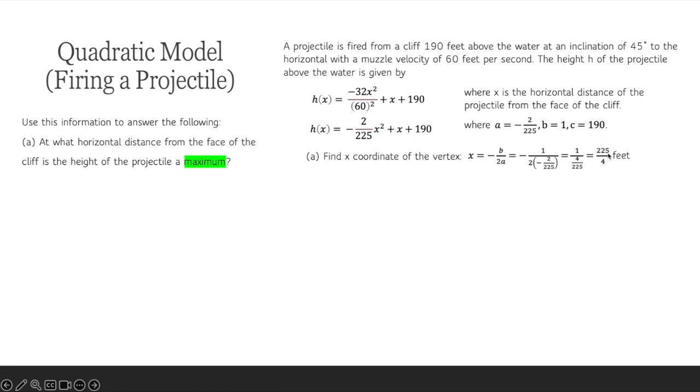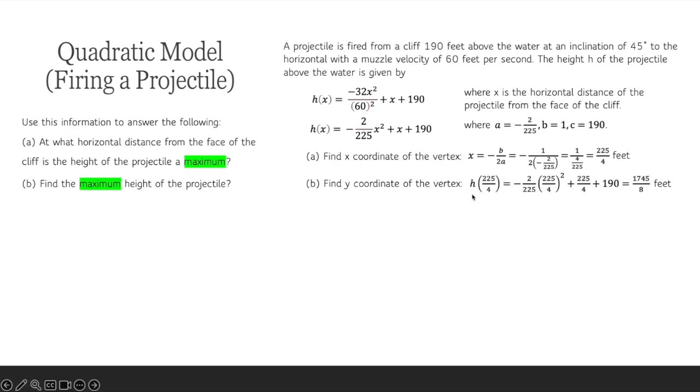So when it's about 56 feet from the cliff, the projectile will be at the maximum height. Now the second thing, what is this maximum height? Now I know what is the x that will make the maximum height. I will replace x into the function and find the y coordinate of the vertex.